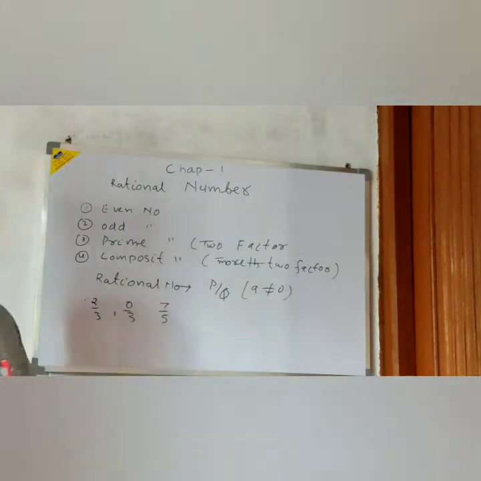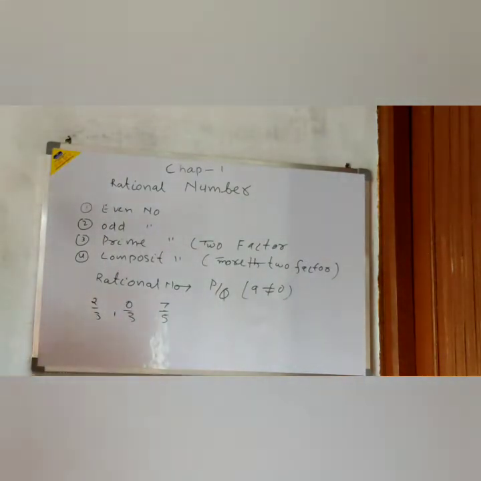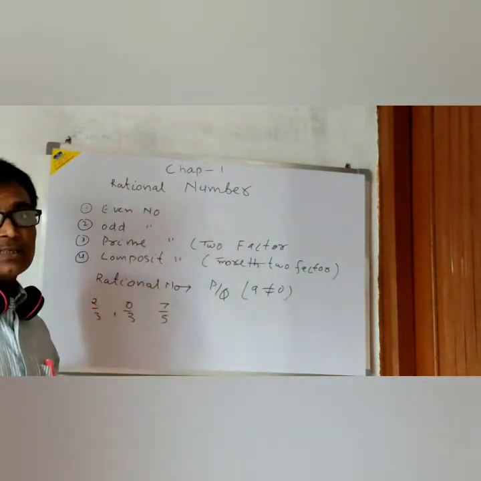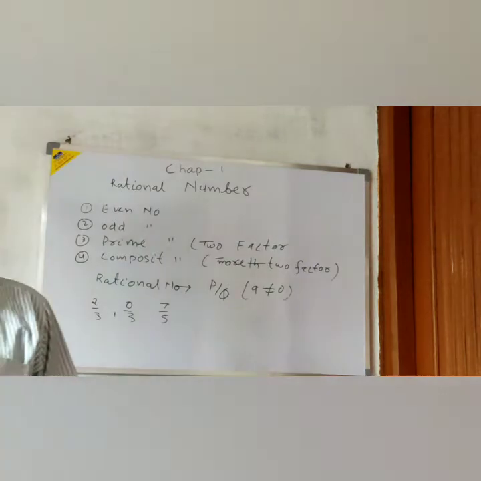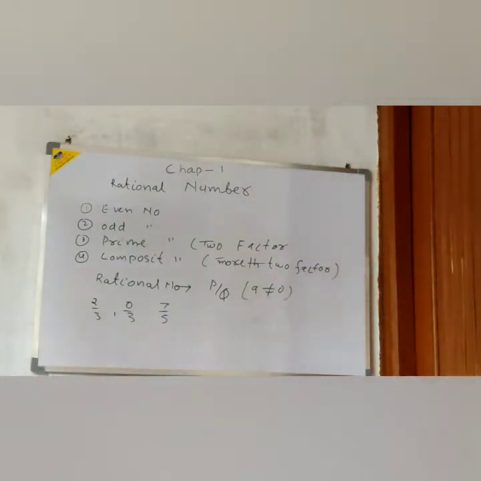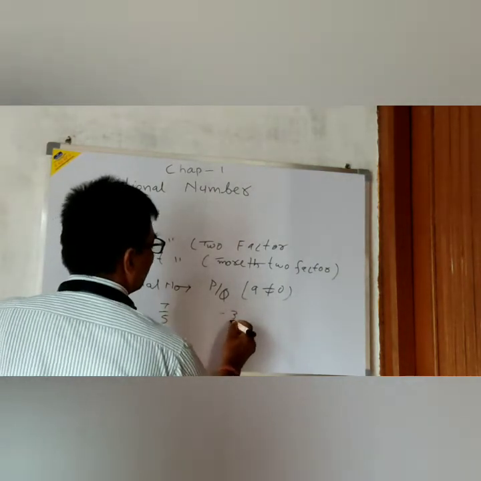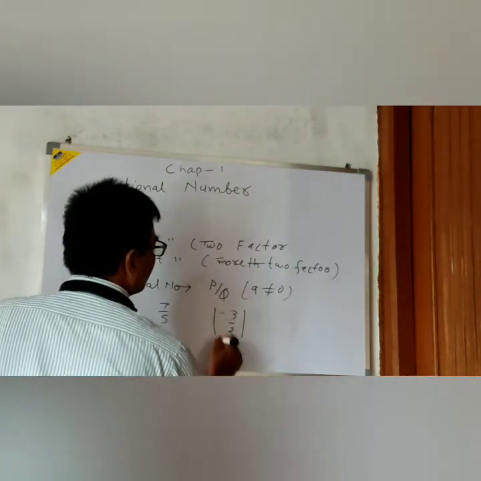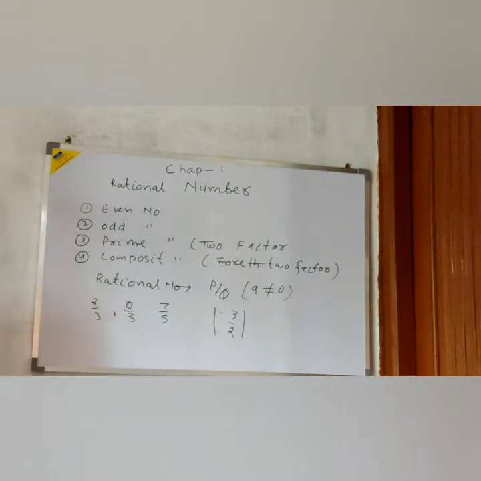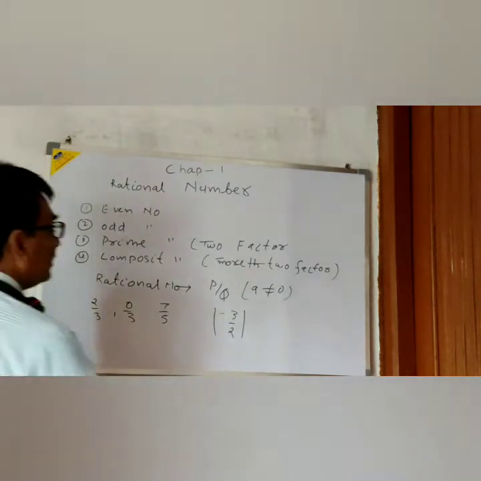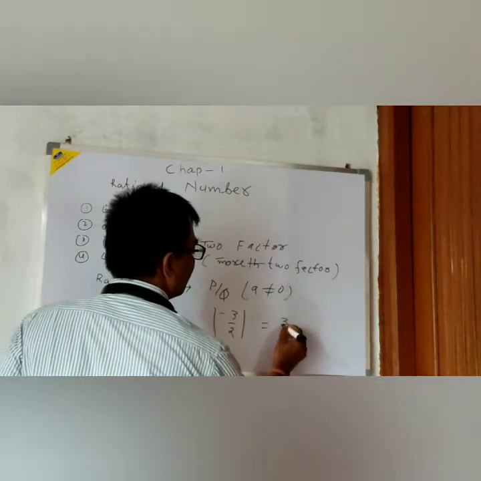Now we learn about the absolute value of a rational number. What is absolute value? Absolute value means a number which has positive value. Minus 3 by 2 is written as absolute value 3 by 2, and this absolute value is 3 by 2.